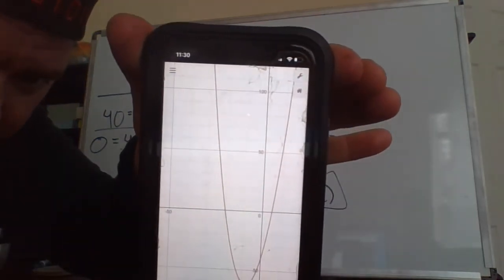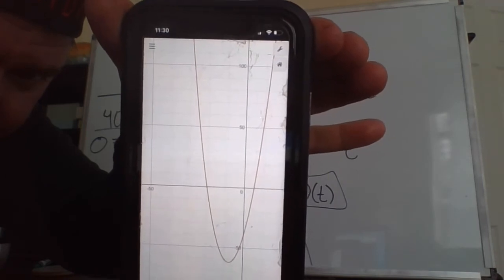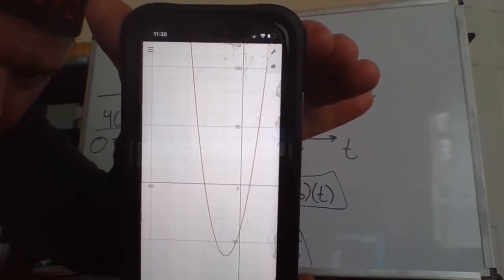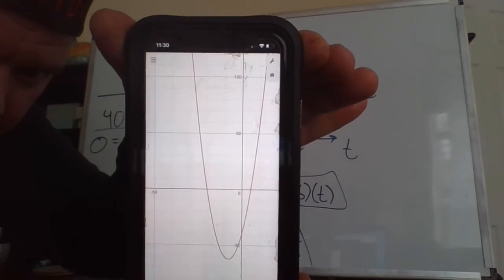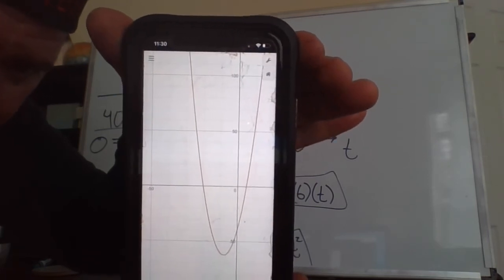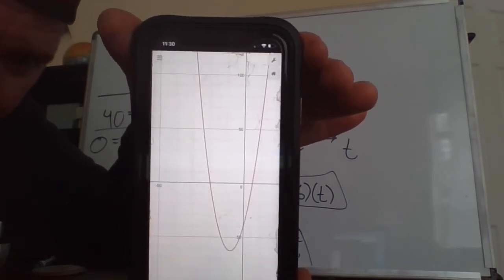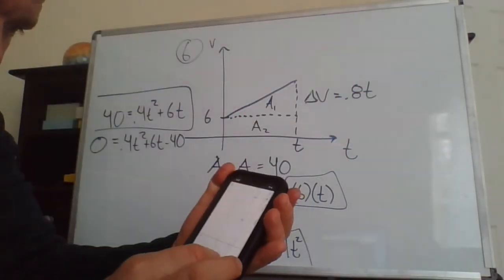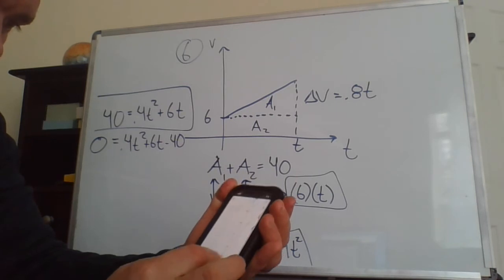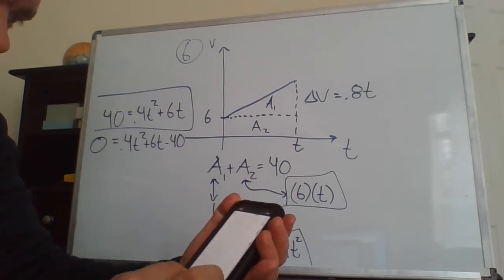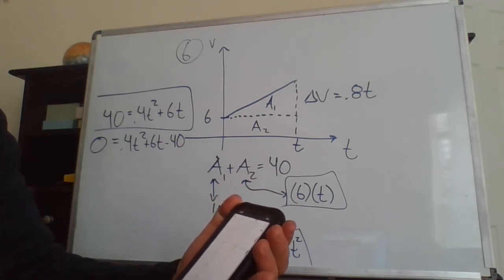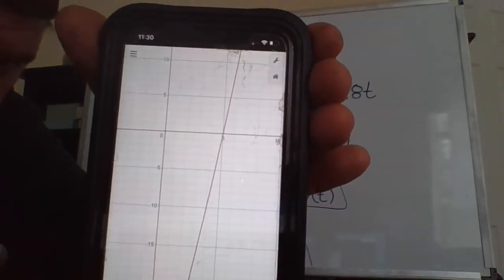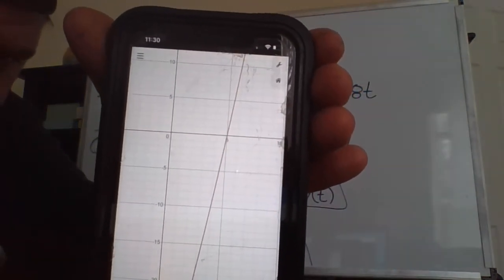So if I type in that equation, you could do this in your TI calculator, you could do this on Desmos on your computer, or if you have Desmos on your phone, you could do it like this. But you'll notice I'm looking for the two places where that graph crosses the x-axis. So if I zoom in, I can see that it crosses right where t equals 5.